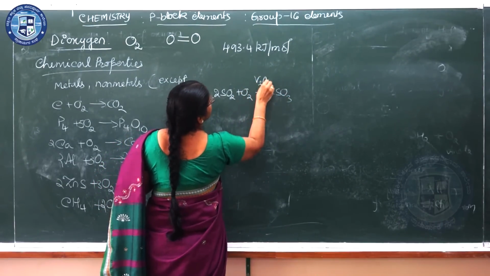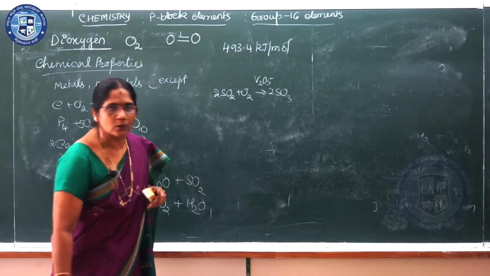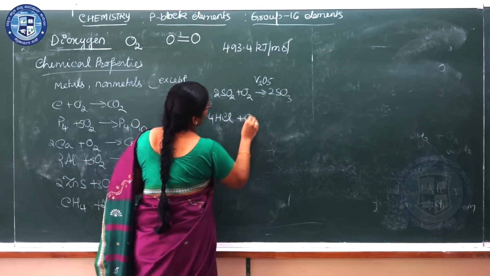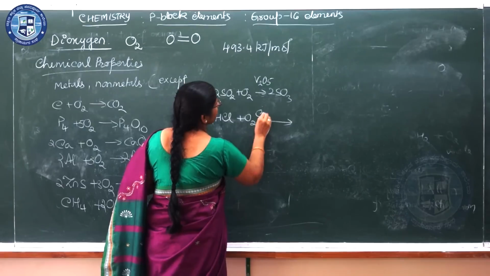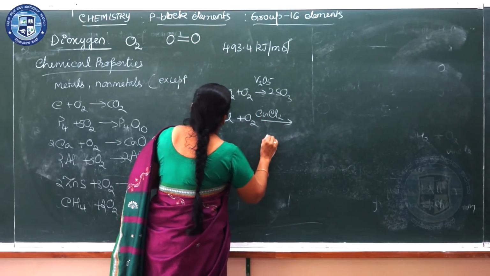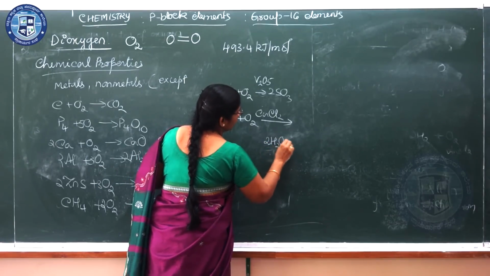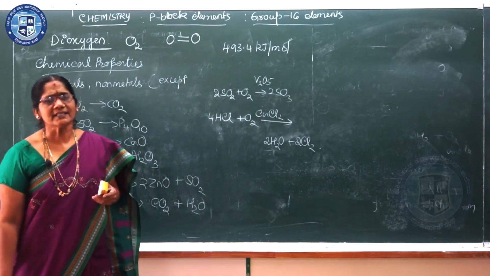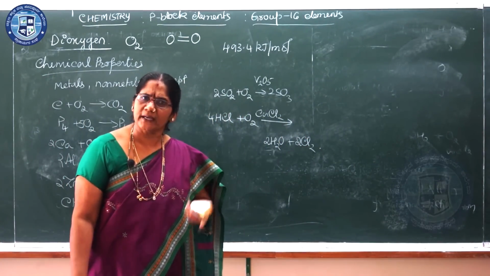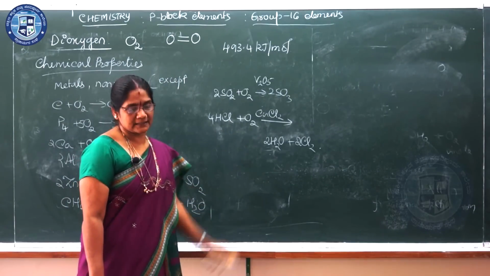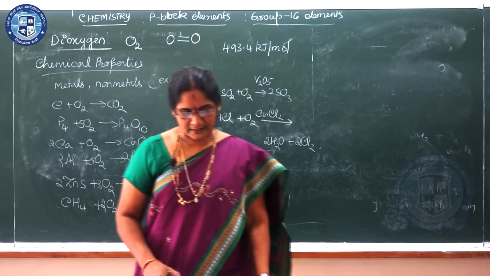This is in the presence of vanadium pentoxide catalyst, and hydrogen chloride is also oxidized in the presence of catalyst CuCl2 into water and Cl2. So there are some of the reactions which need only temperature, and some of the oxidation reactions need catalysts like this.